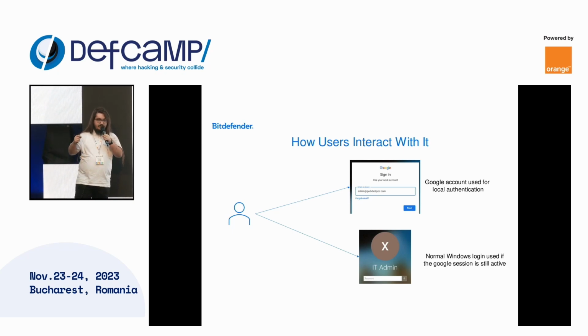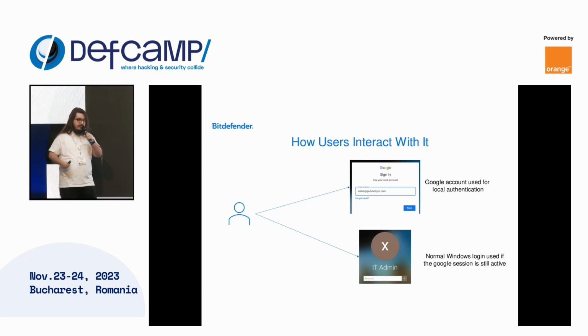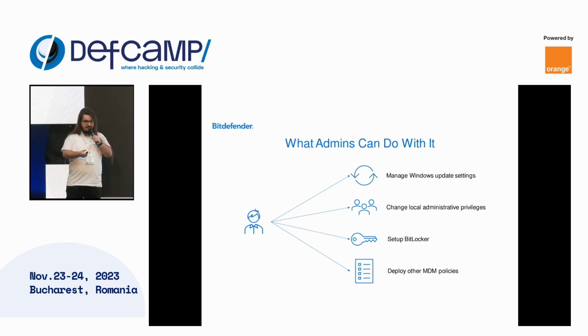The difference between the two is that GCPW chooses the first one if it doesn't know of a currently active logon session with Google. Okay, what can admins do with it? Essentially, they can manage update settings, change permissions for users, set up BitLocker, and deploy many other MDM policies.